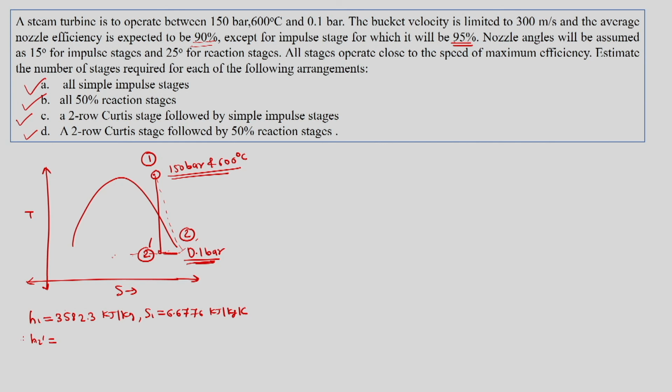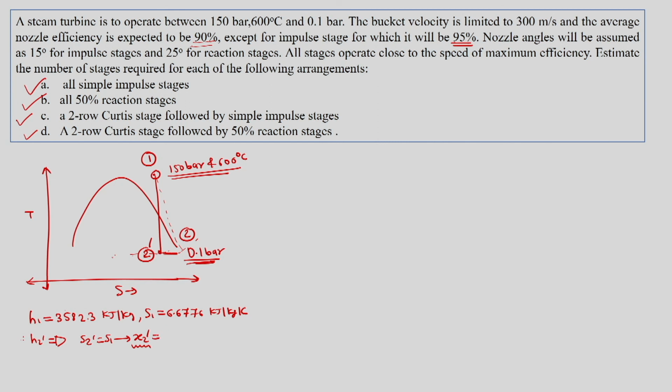For H2 dash we are using the fact that S2 dash is equal to S1, and this gives us X2 dash, the dryness fraction at state 2 dash, which is inside the dome and has equal entropy as 1.